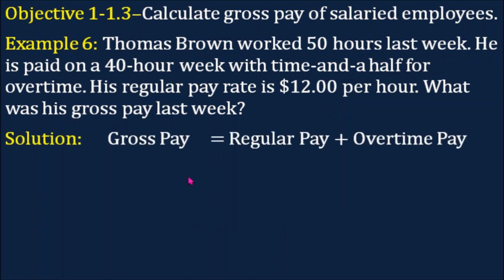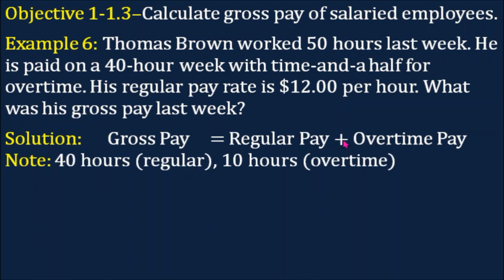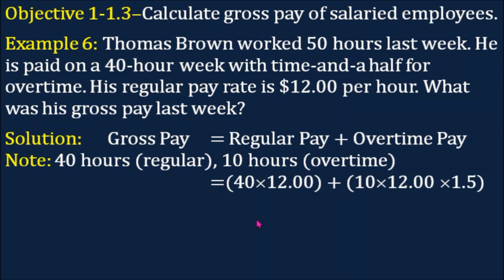So this is our solution. Gross pay equals regular pay plus overtime pay. Let's take note here that 40 hours is for the regular hours and 10 hours will be the overtime hours. For the regular pay, it's 40 hours times 12.